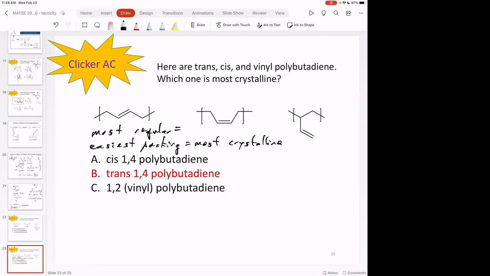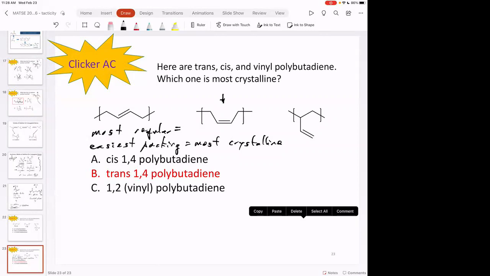So you can say, well, you know, cis 1,4 looks pretty regular as well, and it's hard to argue with that, but that kink in the chain. So it's a lot easier to pack together trans 1,4 polybutadiene that looks like a pretty straight chain, just a zigzag. You know, it's easy to pack uncooked spaghetti, but it's a little bit harder to pack something that has a kink in it, because remember, it's got lots of kinks in it, and so you need to line those up.